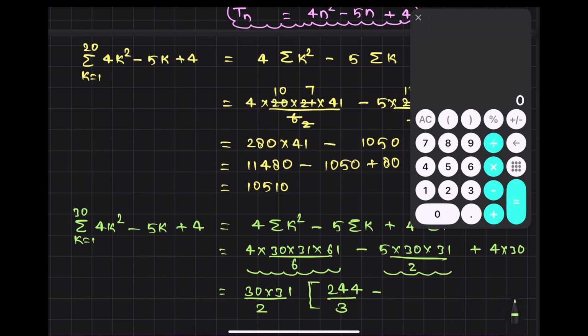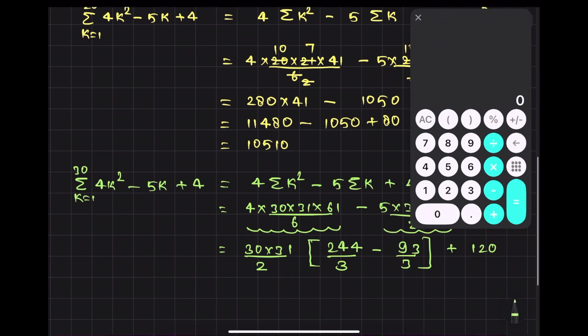So I'll multiply and divide by 3, so 3 times 93 by 3, plus 120. Now we will write 30, 31 by 2, 3, and then we have 244 minus 93. I don't want to make a mistake because I would have to make this video again, so I'll do it carefully, plus 120. Now do the simplification.